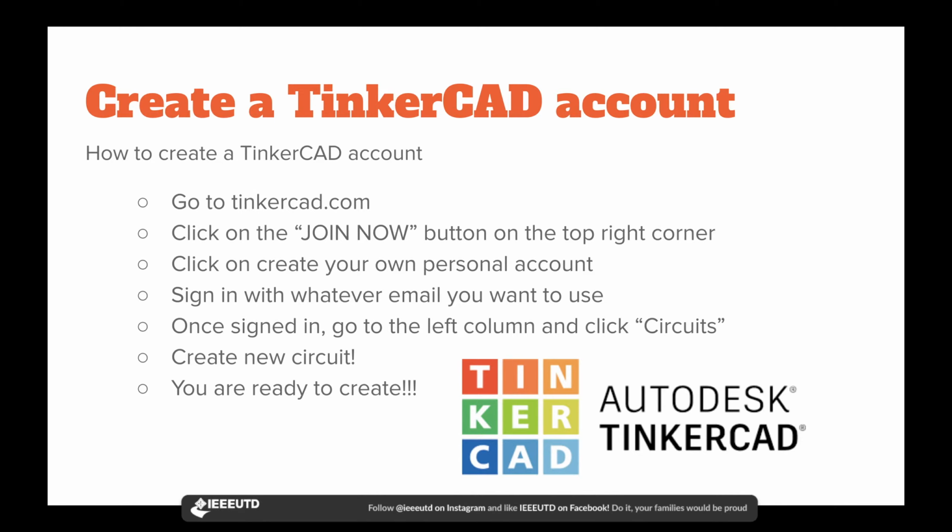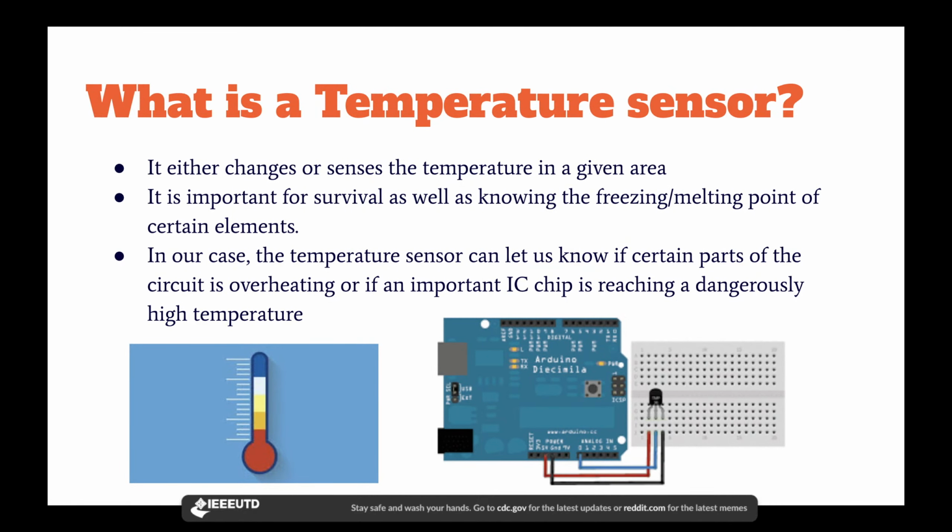Today, we're going to be learning how to use a temperature sensor and a gas sensor. A temperature sensor detects changes in the temperature in a given area. It reads the change in temperature, and from the change in temperature, it varies in resistance inside of the sensor, and the change in resistance outputs a voltage value to the Arduino. That's how it works.